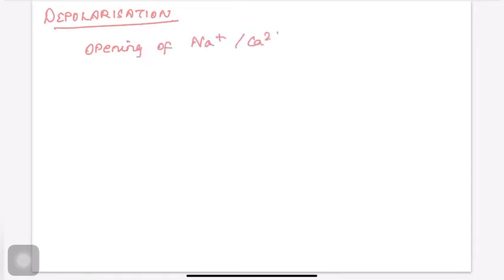When will depolarization be caused? Depolarization is caused by either opening of sodium or calcium channels, or it can also be caused by closure of potassium or chloride channels.